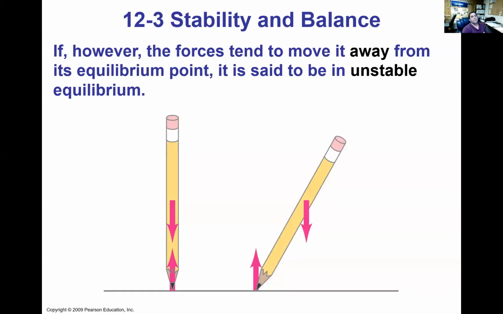So if something tends to move away from its equilibrium point, because obviously a pencil is not going to balance on the tip of the pencil, in that case, it's said to be an unstable equilibrium. But what's going to happen is the pencil will fall to the desk or the floor, and it will remain in a new position. It'll remain horizontal. That new position is now considered to be neutral equilibrium, okay?